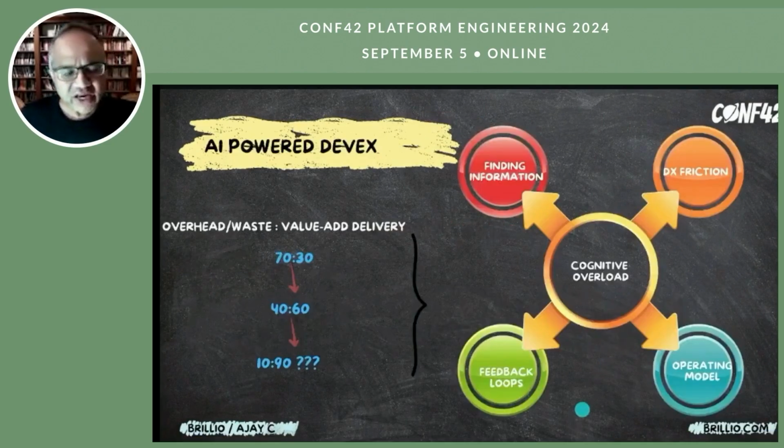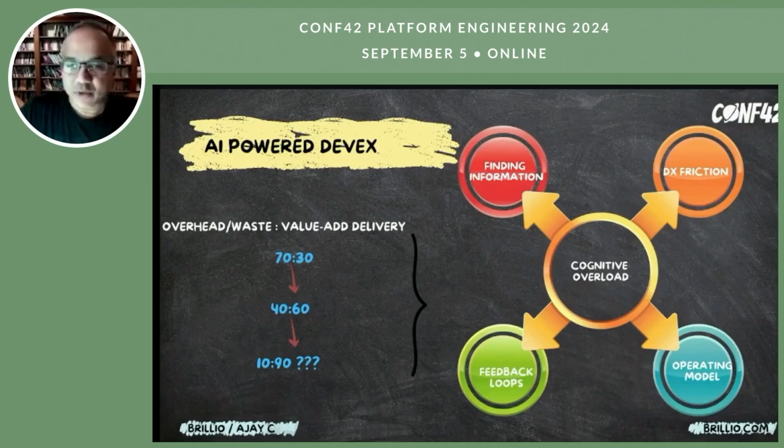So having looked at this case study, one of the things that we really have to think about is how is this really helping, or how should this be helping? Today, if you look at a general organization, without using a significant amount of platform engineering improvements, about 70% of your developers' time is overhead and waste. It might surprise you, but only about 30% of your developers' time is productive.